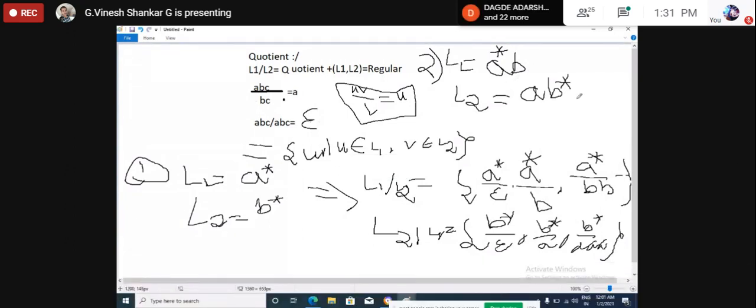Like that it goes on. If anything is possible, you can cancel it as per the rule. If both are the same, I can write epsilon, the empty string. If nothing is there, I can write null, that is phi. So please try this as homework.